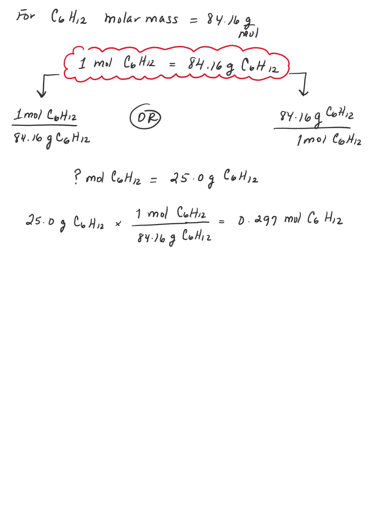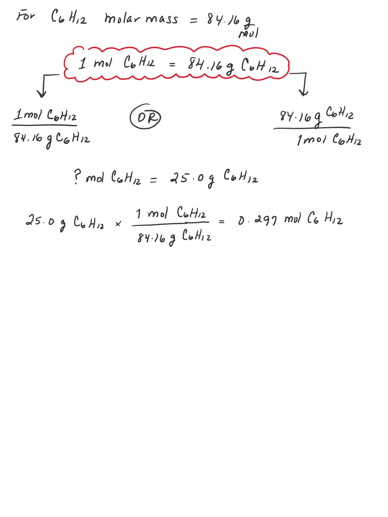So I'm still using the same example, my cyclohexane. We calculated the molar mass, adding everything together, 84.16 grams per mole. So that molar mass means that every mole of cyclohexane C6H12 has a mass equal to 84.16 grams.